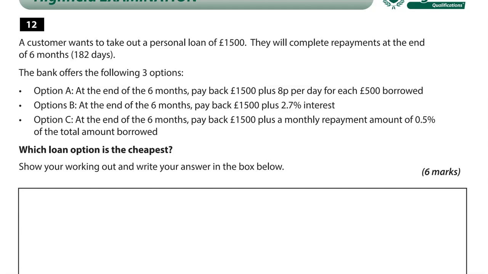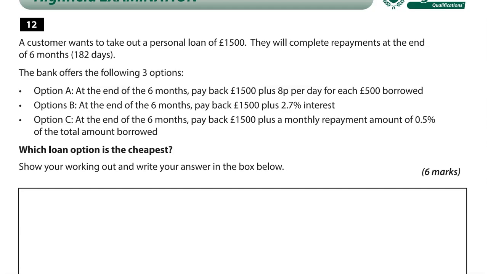Option B, at the end of the 6 months, pay back £1,500 plus 2.7% interest. Option C, at the end of the 6 months, pay back £1,500 plus a monthly repayment amount of 0.5% of the total amount borrowed. Which loan option is the cheapest? Show your working out and write your answer in the box below.